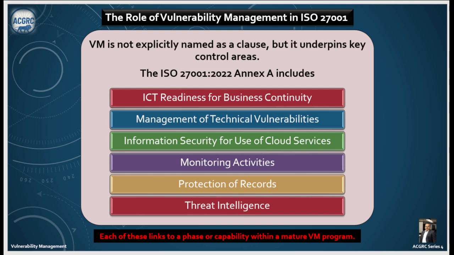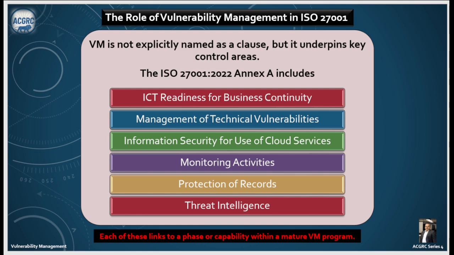Clause 8, operation, encourages putting a repeatable vulnerability management process in place. Clause 9, which is performance, encourages you to measure how well vulnerabilities are tracked and resolved. Annex A encourages procedures to detect, report and handle vulnerabilities, and emphasizes secure coding and patch management practices.